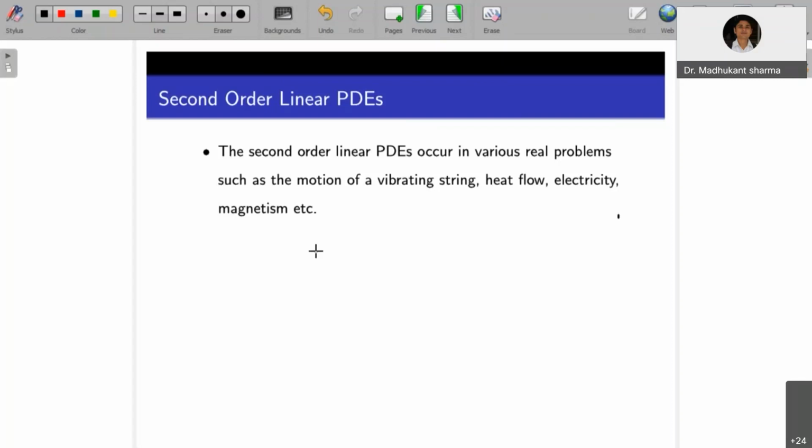Right. So the first point is about second order linear PDEs. You have seen the heat equation, wave equation, and Laplace equation somewhere back in your classes on partial derivatives. We will pick up one of the applications and see how a vibrating string can be modeled into a PDE under some mathematical assumptions.